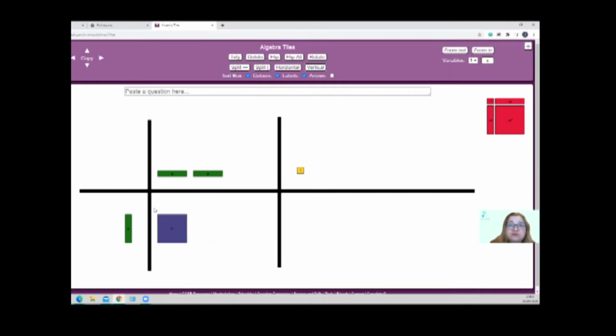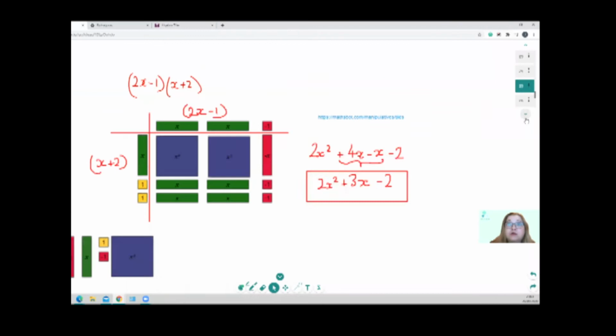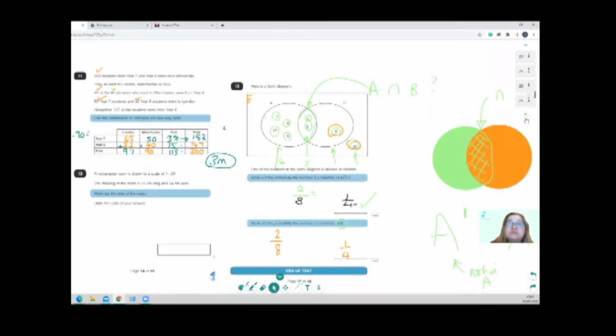And with these visual things, we can very clearly see that x times x is x squared, and then 1 times x is x. Our final answer is 2x squared plus x. And there are an awful lot of these visual manipulatives on this particular website that I use a lot with the children, really handy for them to use. So that's what was used for these.